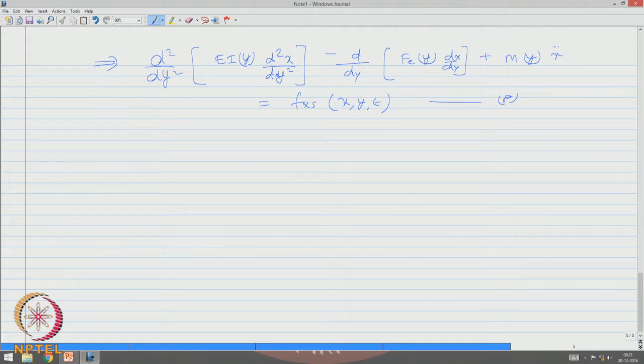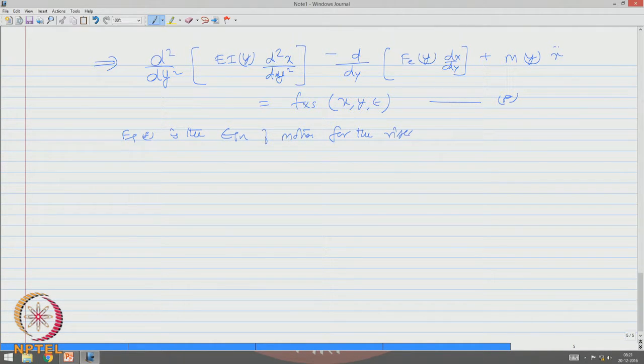Now, the one what you see here in equation 8 is the equation of motion for the riser under the given set of loads.